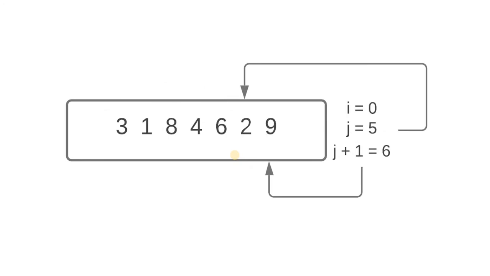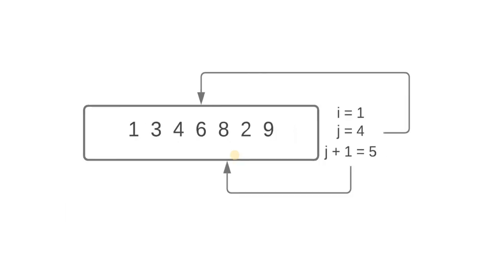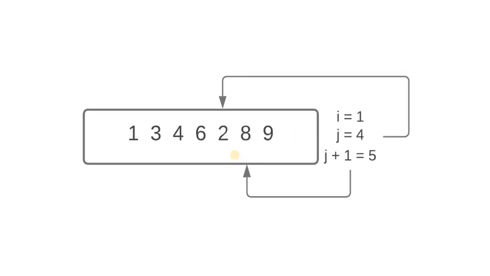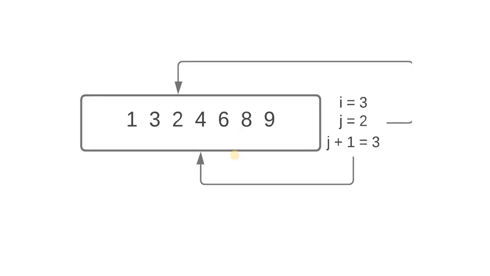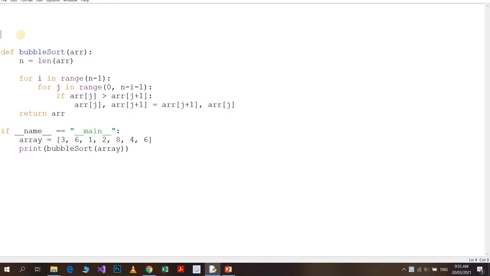We can see 9 over there. 9 is sorted. This is the end of the second pass. We can see that 8 is now in its correct position. This is the end of the third pass. We can see that 6, 8, and 9 are in their correct positions. There's no need to swap anything over there. There's no need to compare anything over there. So yeah, that's why we do minus i.